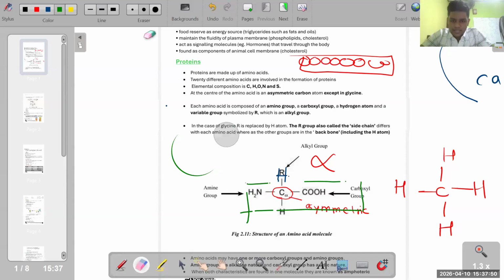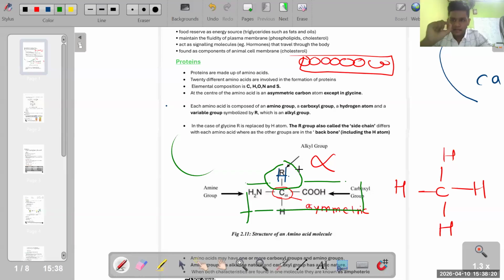This R group is called the side chain. So these three components, which are constant from amino acid to amino acid, are called the backbone. The variable group, the R group, which is changing, is the one that is called the side chain.